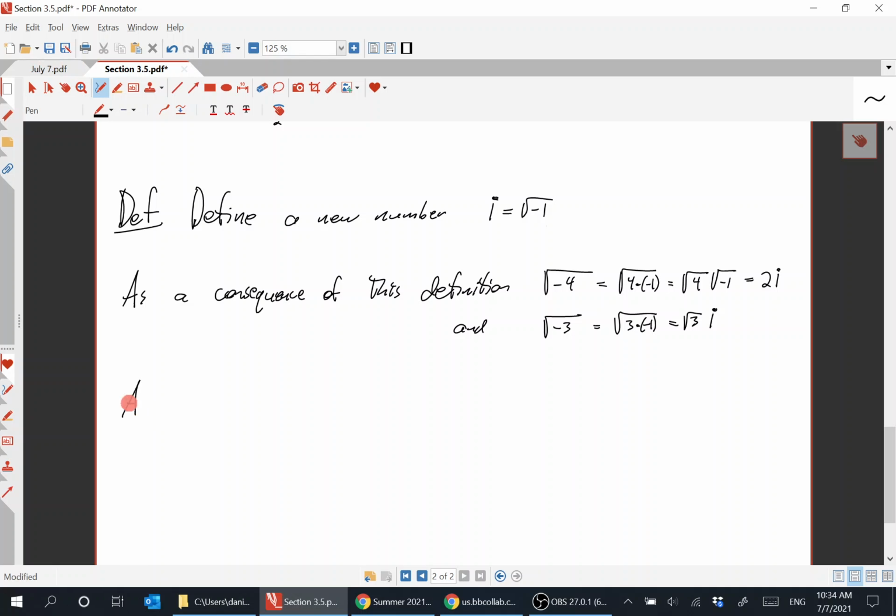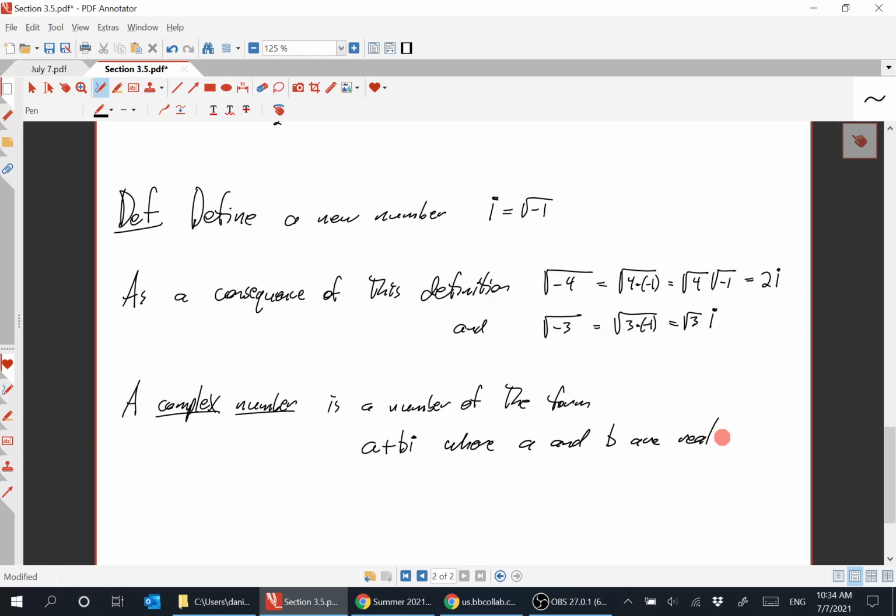So now a complex number is a number of the form a plus b times i, where a and b are real numbers.